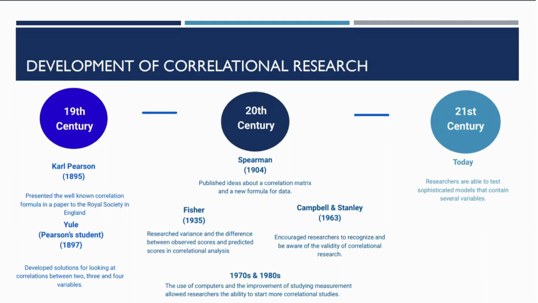Others, such as Ewell, Pearson's student, developed stronger solutions to look at more than two variables to determine a correlation. Spearman pioneered the correlation matrix, while others in the 20th century continued to refine and strengthen the correlation process. Today's researchers use computers that allow them to examine several variables using advanced correlational techniques to analyze the data.